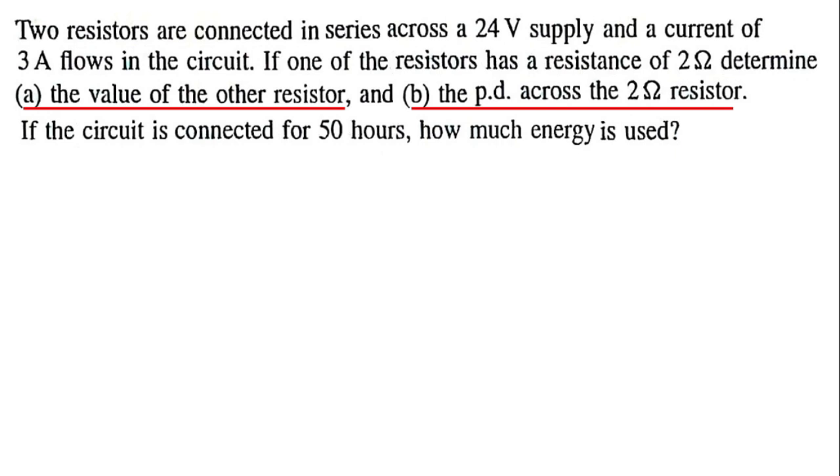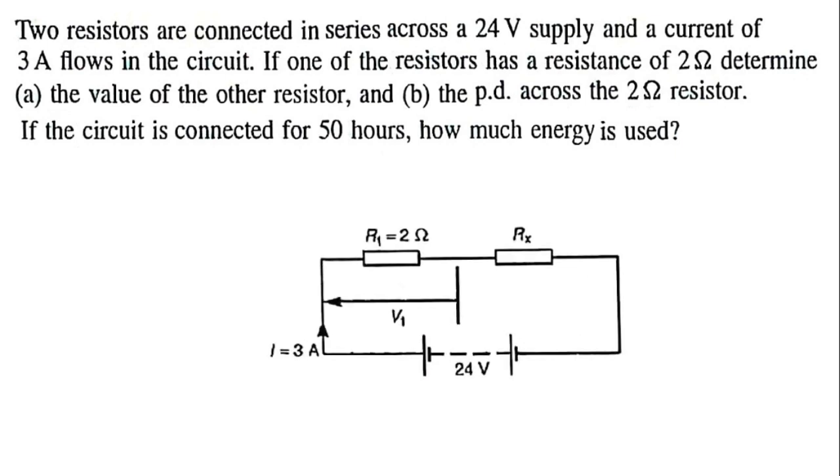All right, so this is how the circuit is going to be. We have two resistors, resistor R1 and then resistor RX in series. The value for R1 is 2 ohms and RX is an unknown resistor, so we will calculate for the value for RX.